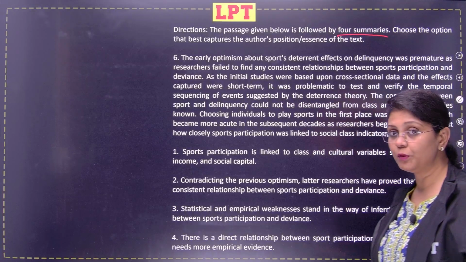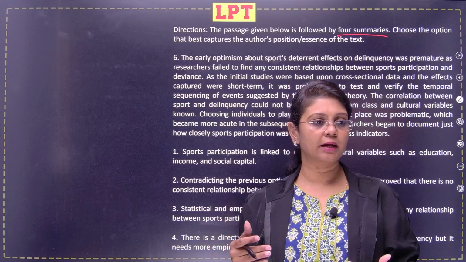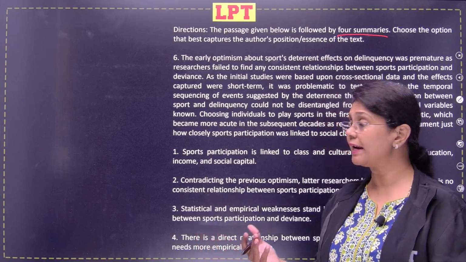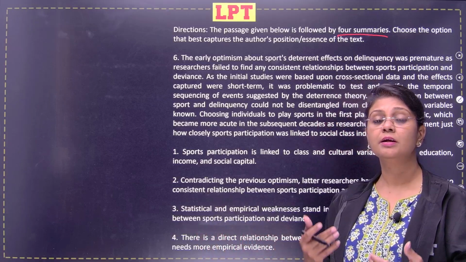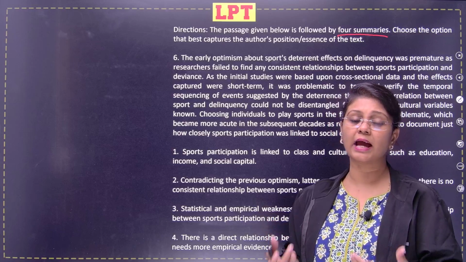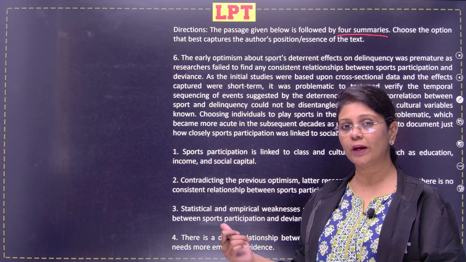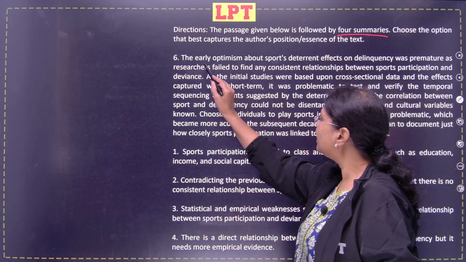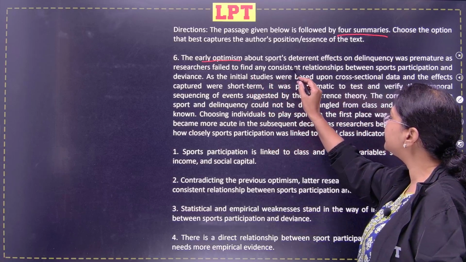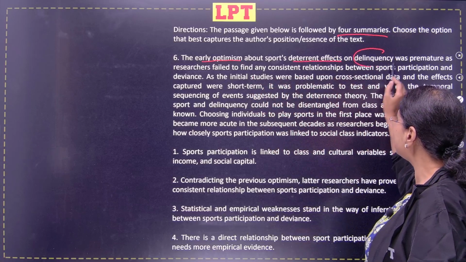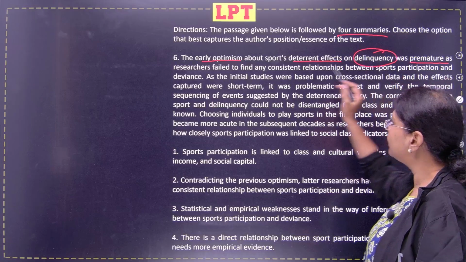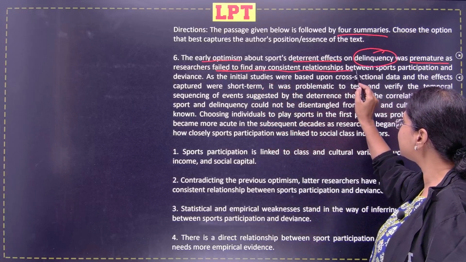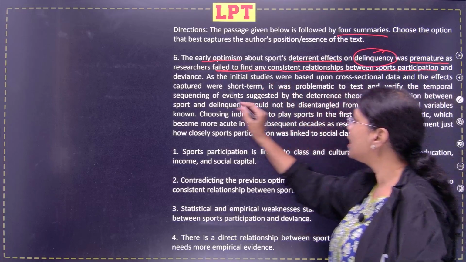Okay, I hope you have read the paragraph and you might have some answers in your mind with respect to what forms an adequate summary. Let's read the paragraph, try to understand and comprehend the key idea, and then look at the options as to which one forms the right summary. So it says the early optimism about sport's deterrent effects on delinquency was premature, as researchers failed to find any consistent relationship between sports participation and deviance.